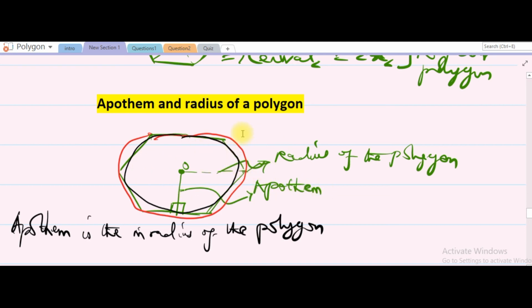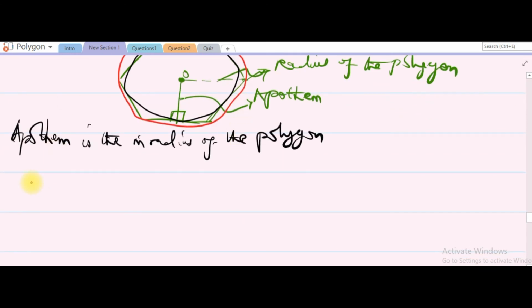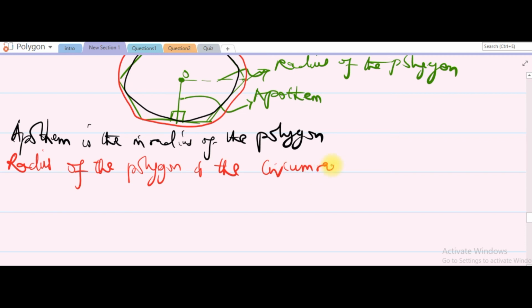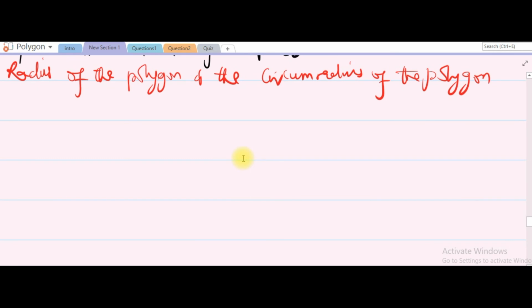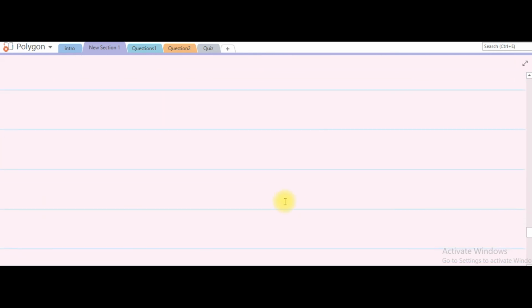So we can now redefine the radius of a polygon as the circumradius of the polygon, the radius of a circle circumscribing the polygon. So that's another definition of the two.